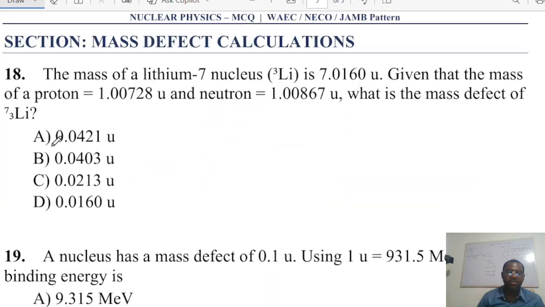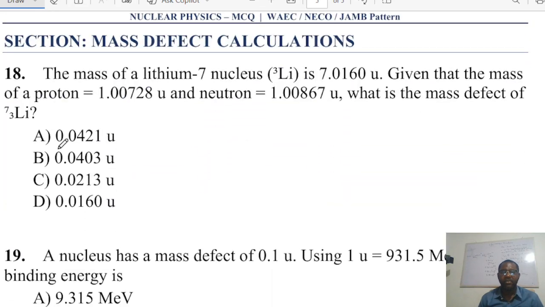Okay, so the next one, number 18, has to do with mass defect calculation. The mass of lithium-7, and that's the nucleus, is 7.0160 atomic mass units. Given the mass of a proton and of a neutron, what is the mass defect? Very simple.